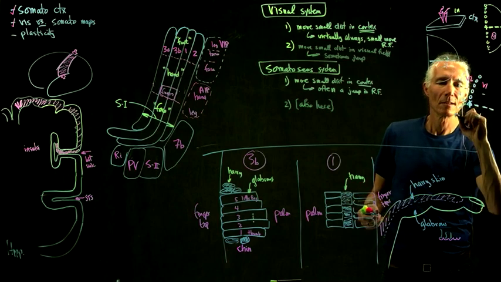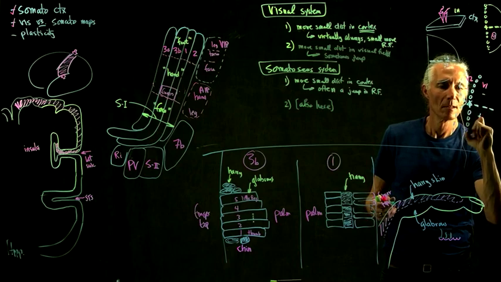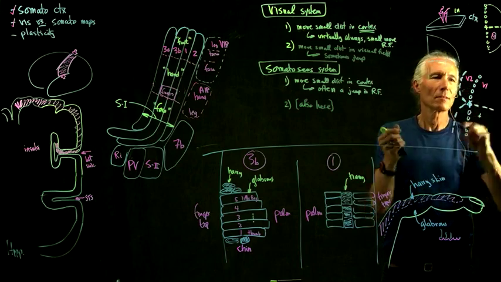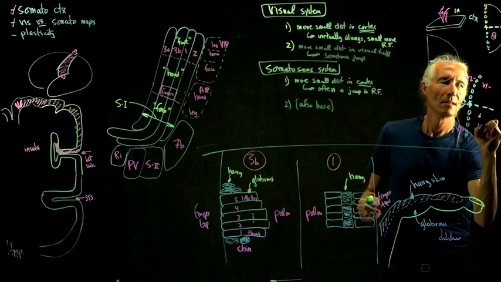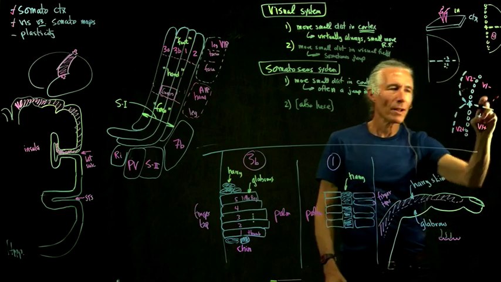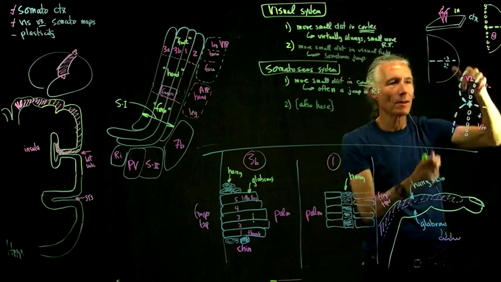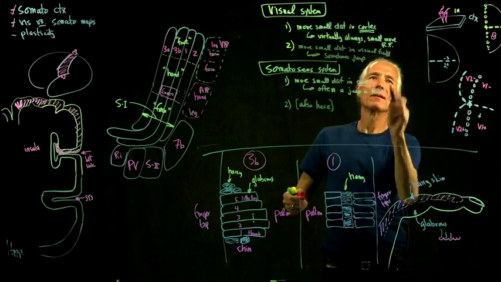So that's the lower field, and this guy is the upper field. There's no break in V1, but you can see you've pried the lower and upper field apart. And so this is the discontinuity here. Let's draw that one in.